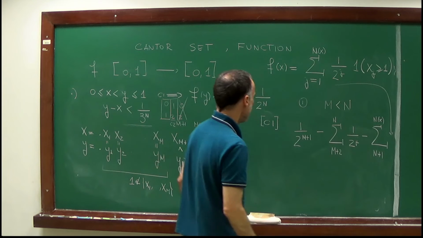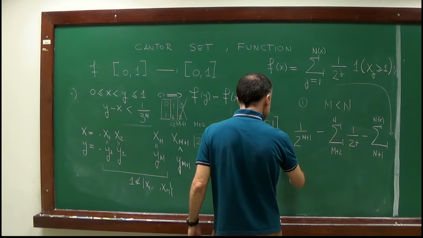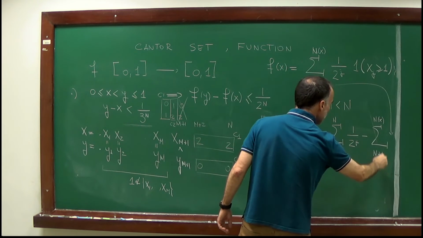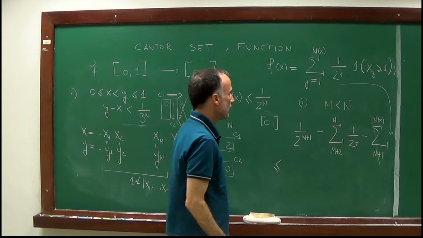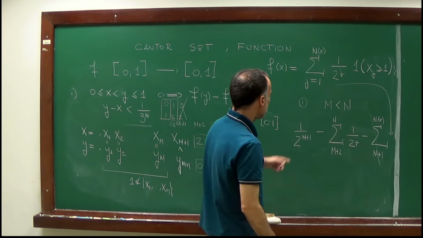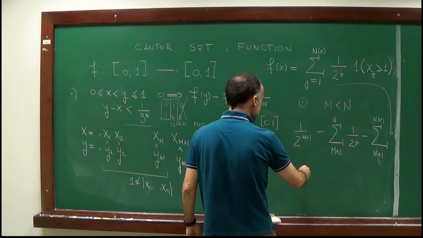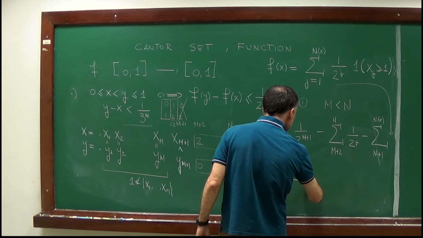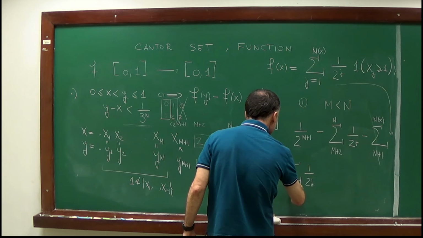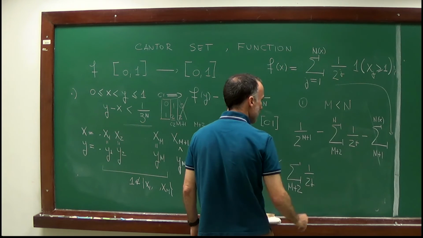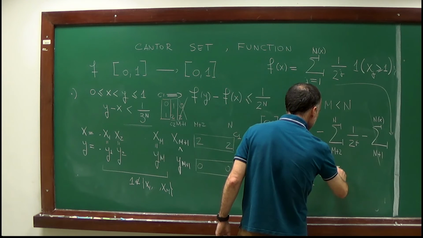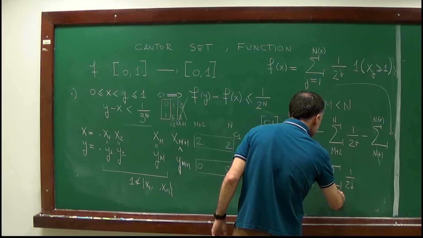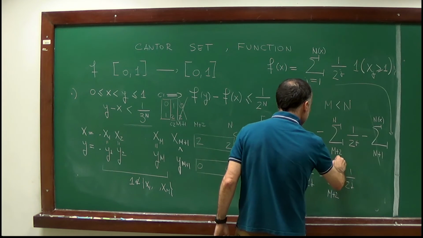But this is less or equal, so let me neglect this expression. 1 over 2 to the m plus 1, let me write it as the sum of 1 over 2j starting from m plus 2, minus the sum of 1 over 2j from m plus 2 up to n.